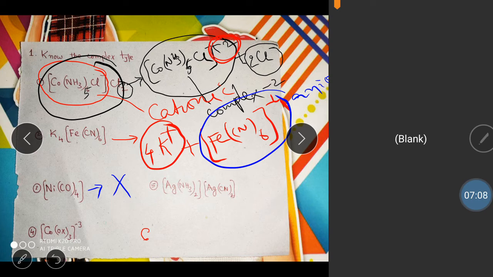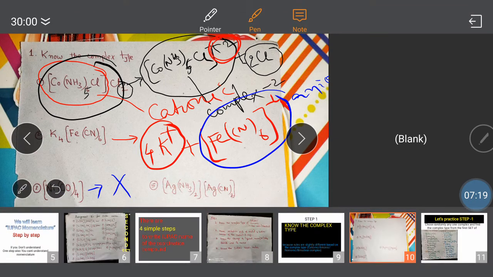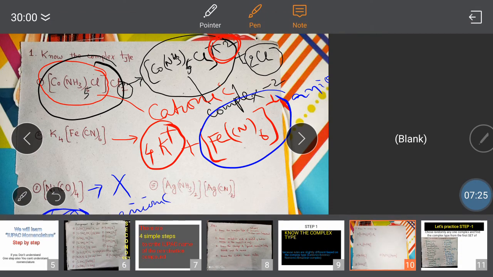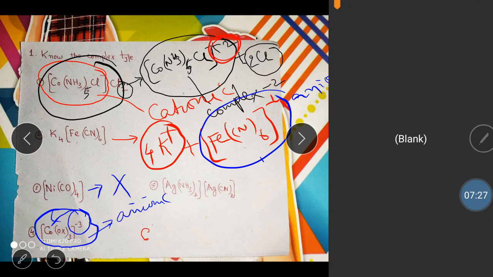Next, the fourth one is already an anion, and this is a complex, so it is directly called an anionic complex. You don't need to divide it. You can just write anionic complex.